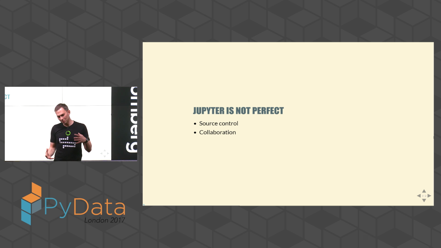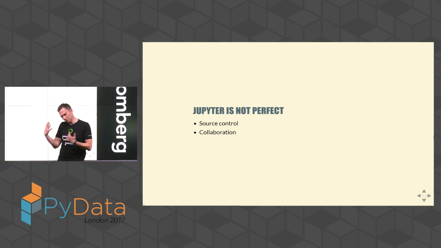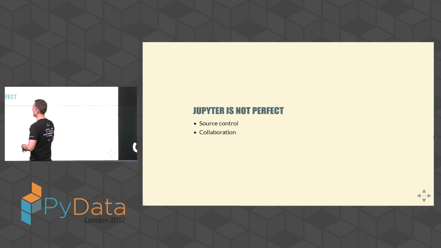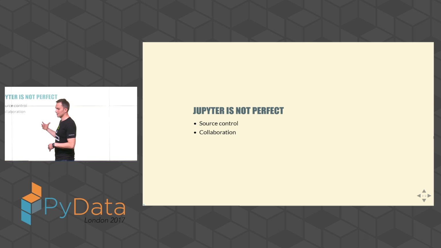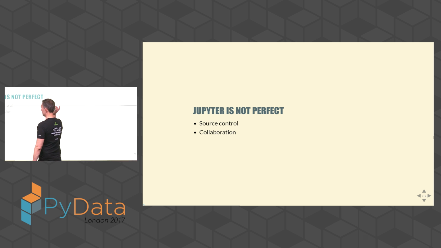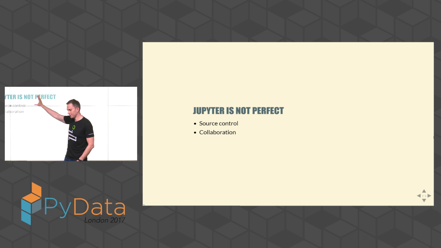Because Jupyter notebooks contain your code in a JSON format, which is not super easy to read by eye, but they also contain the output of your cells and other metadata. So even if you haven't changed your code, when you want to commit your notebook to GitHub or your source code repository, it complains about a lot of changes, and it's very difficult to do merges, comparisons, and reviews.